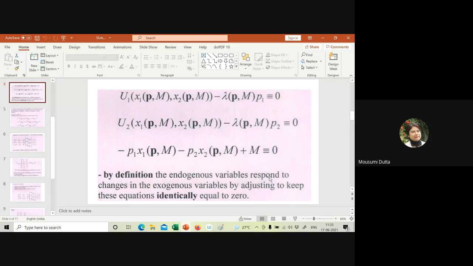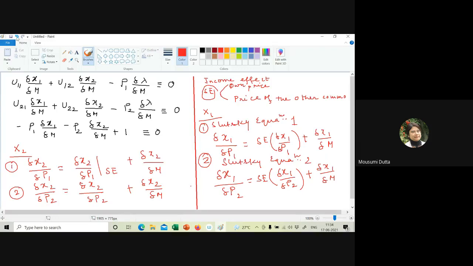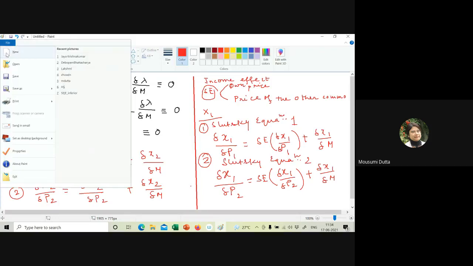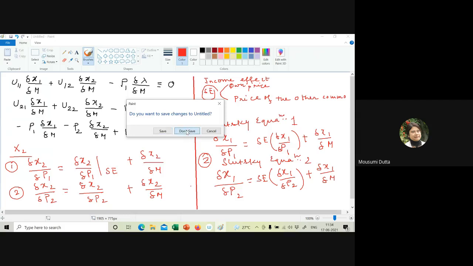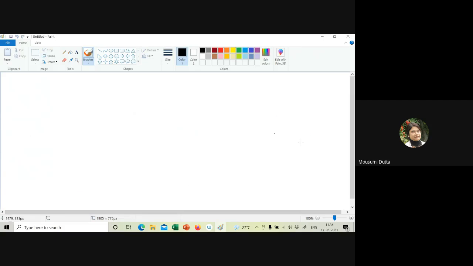So now I'm considering the effect with respect to own price. So please take derivative with respect to P1. Once you get it, please tell me. I'll write down the equations.